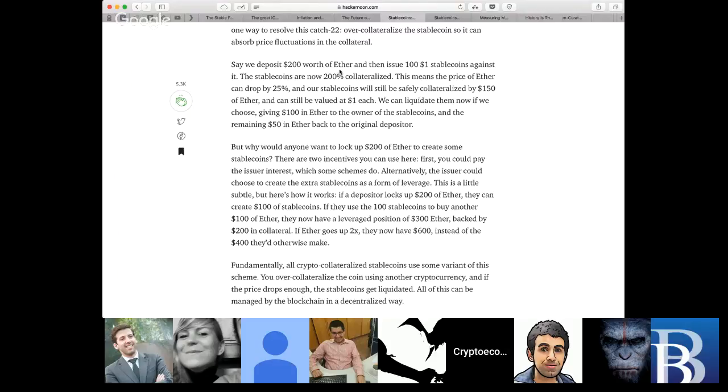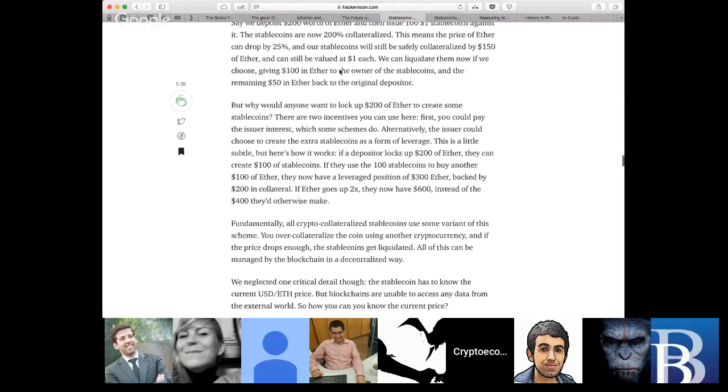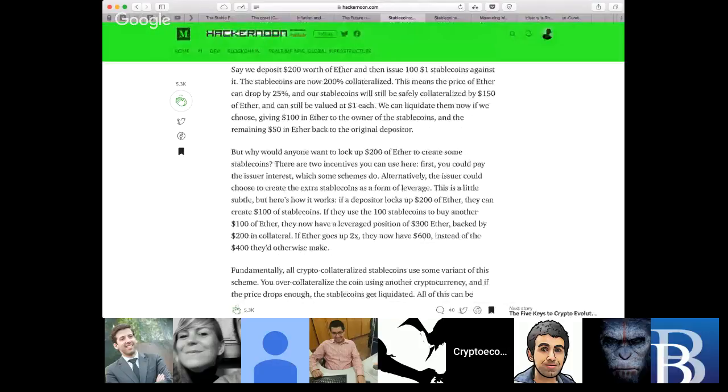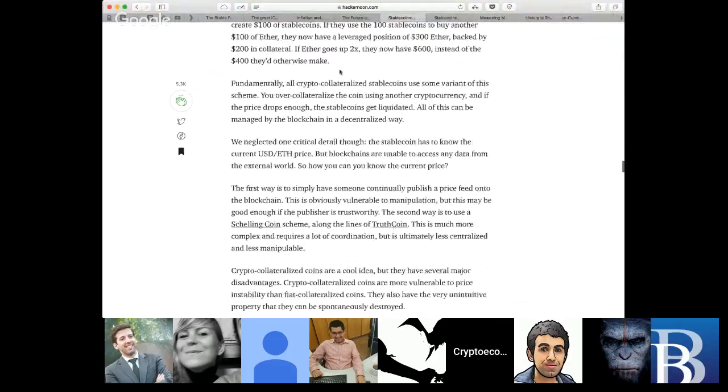So there's still enough value in the collateral to back the stable coin itself. We'll see though that this is not enough, because huge crashes can go even under that over collateralization, and make things worse. But that's the general idea.